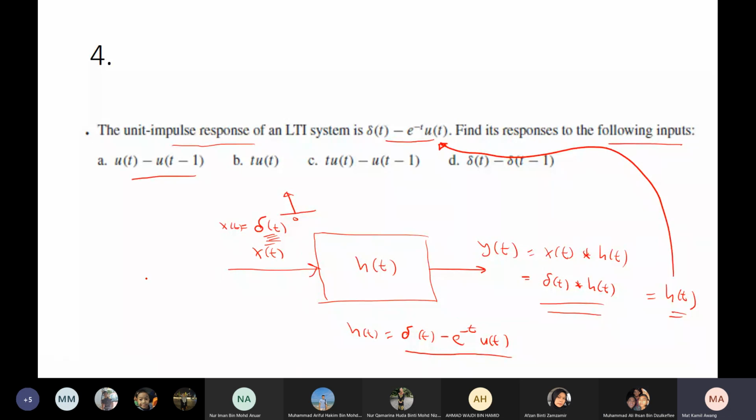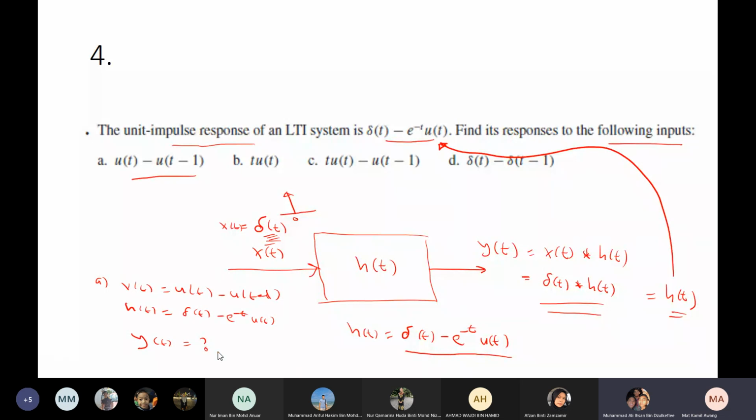So now for A, if x of t is equal to u of t minus u of t minus 1, convolved with h of t equal to delta t minus e to the minus t u of t, what is y of t?